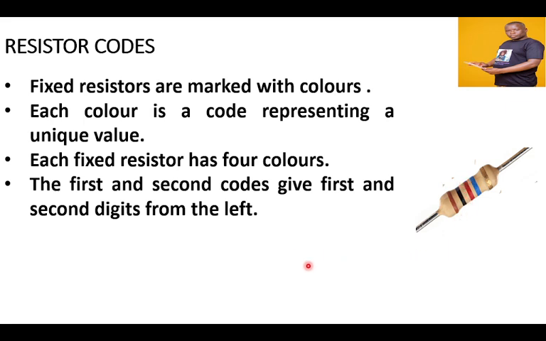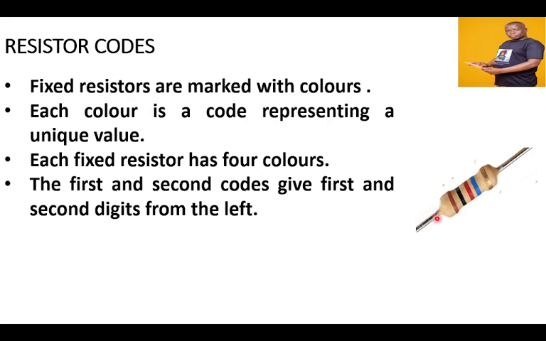Then it will be 3, 0. So the first and the second codes give the first and second digits from the left, the way you write a number. When you're writing a big number, you start writing from the left, all right?